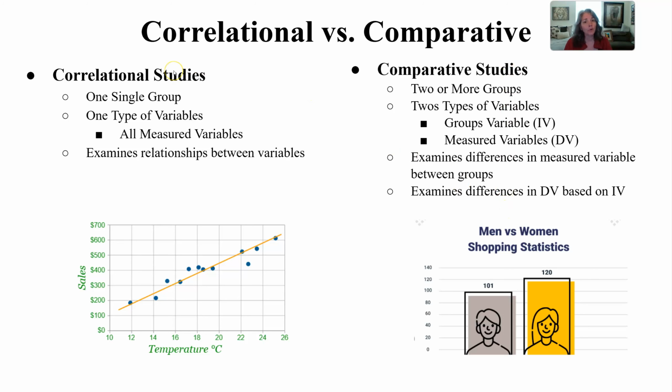And so let's talk a little bit more about the difference between a correlational study and a comparative study. When you have a correlational study, you're not creating groups. It's one single group. Every single participant does the exact same thing, answers the exact same questions, and is measured on the exact same variables and data points. So all your variables in a correlational study are measured variables. There's no independent variable. There's no grouping variable. It's all measured variables.